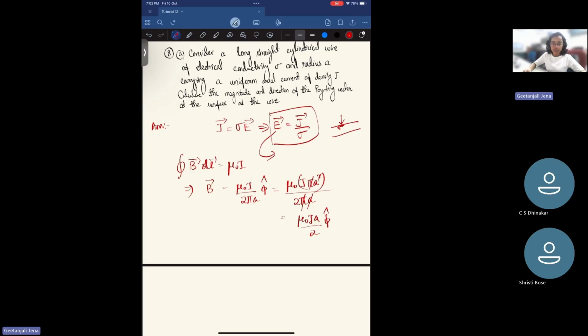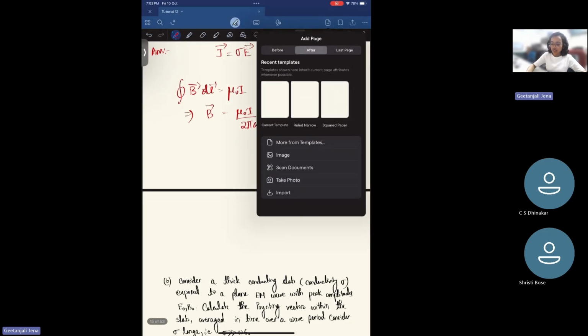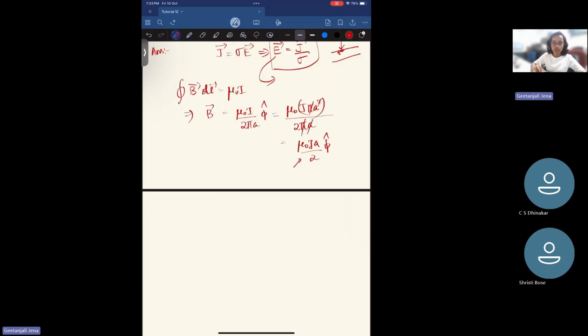This is the magnetic field at a point outside the conductor. And to satisfy the continuity, you can also take this at the surface, where it is mu naught J a by 2.